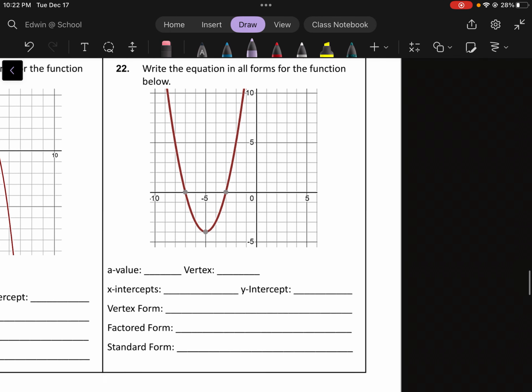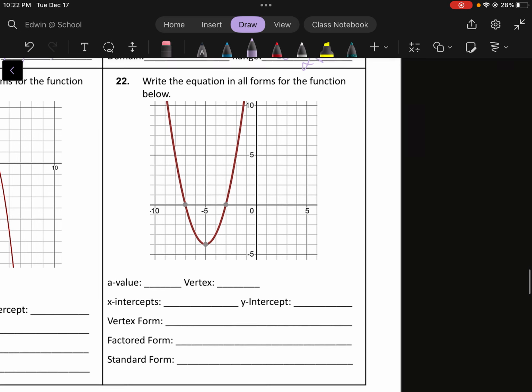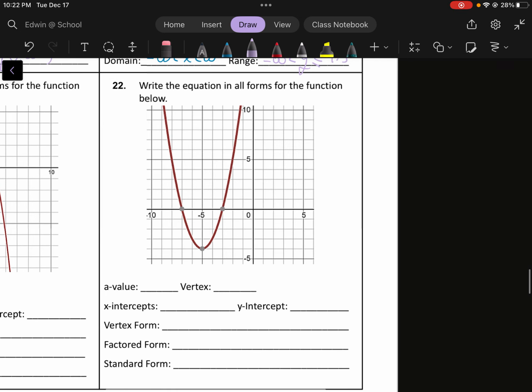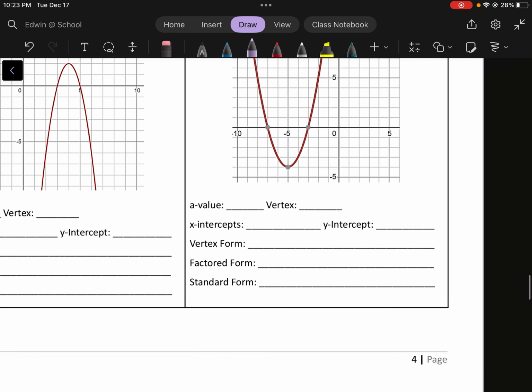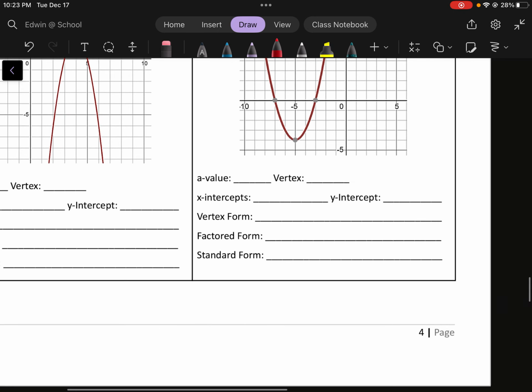Okay, next thing. We're going to write down the equation in different forms. And I don't leave too much space to write this, but the main important thing is to keep these equations in mind. So we got y is equal to a(x minus h) squared plus k. And I'm doing a little v for vertex form.